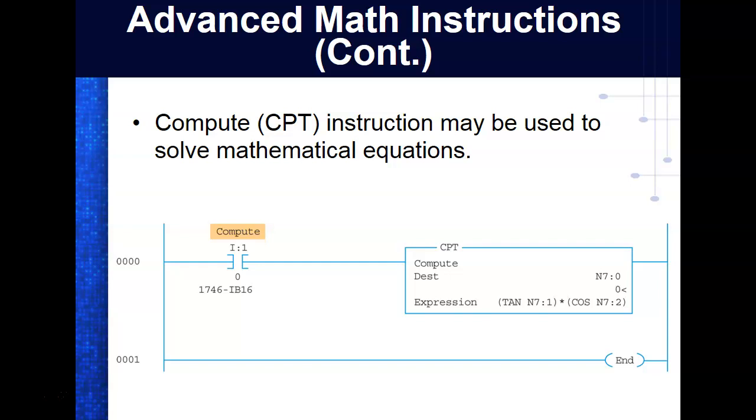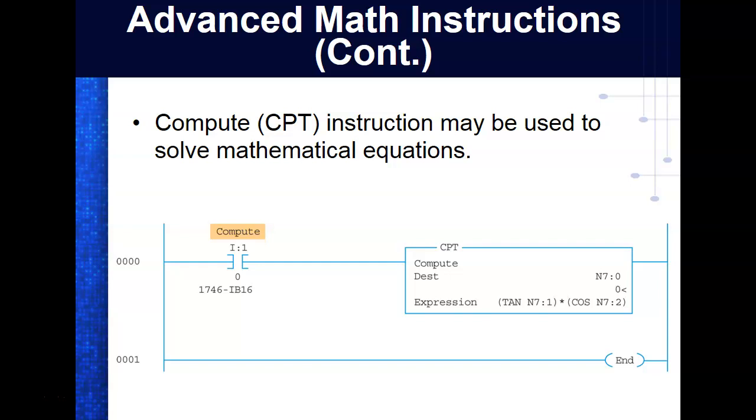This is going to compute all this stuff and store it in N7:0. It takes the tangent of whatever's inside of N7:1, multiplies it by the cosine of whatever's in N7:2, and stores the answer in N7:0.